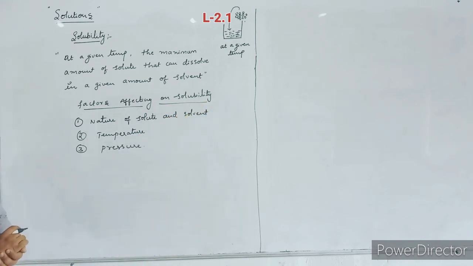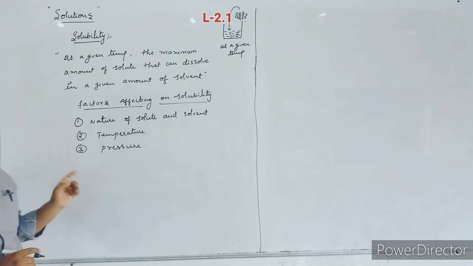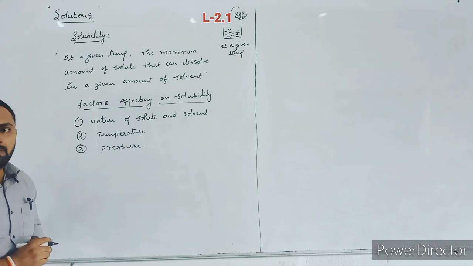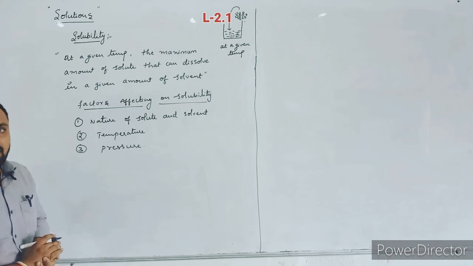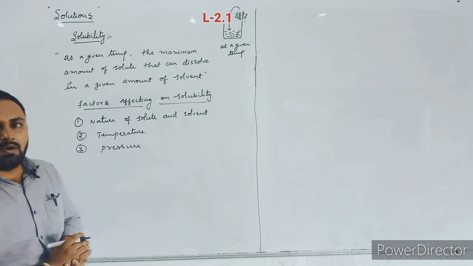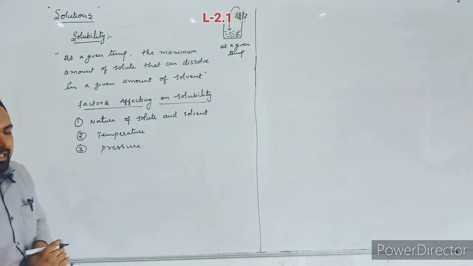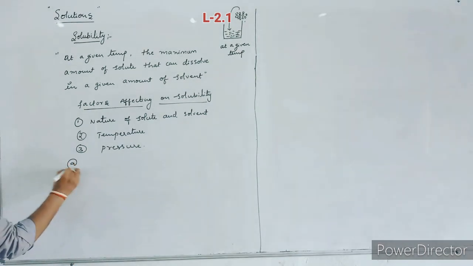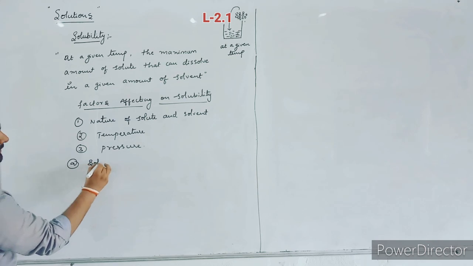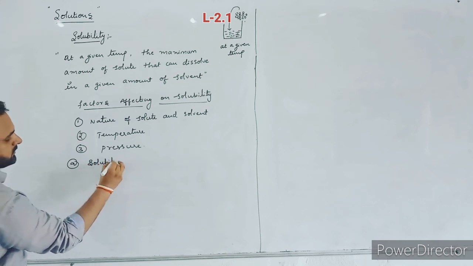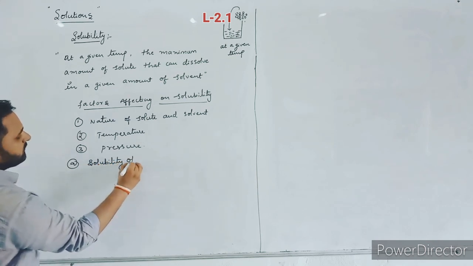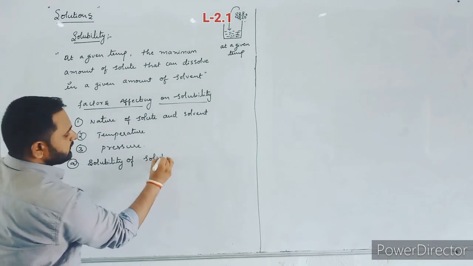Now let us discuss the effect of these three factors on solubility of solid in liquid and solubility of gas in liquid. First, let us discuss solubility of solid in liquid.